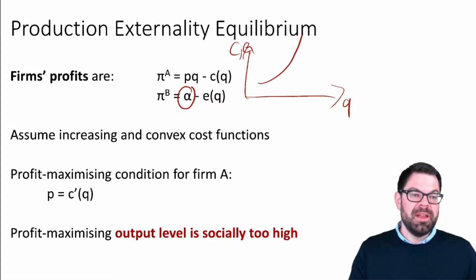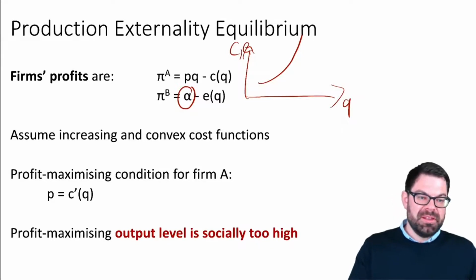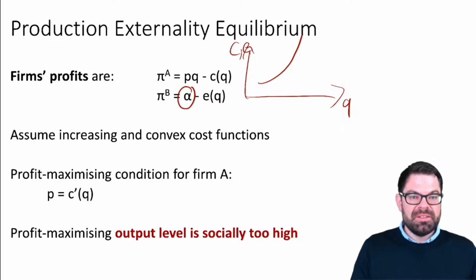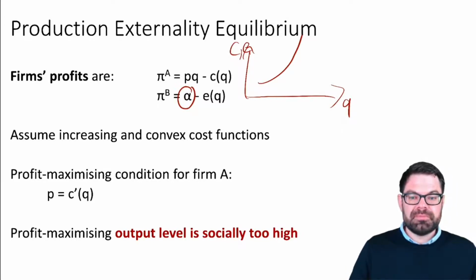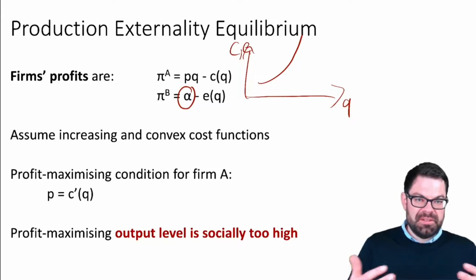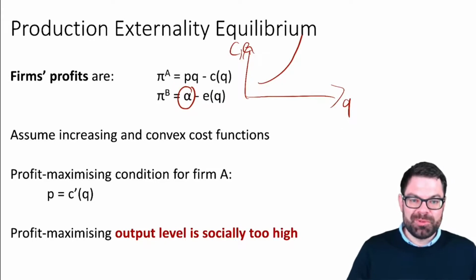Okay, so with every additional unit of Q, the marginal cost of producing that and also of depolluting the water increases.